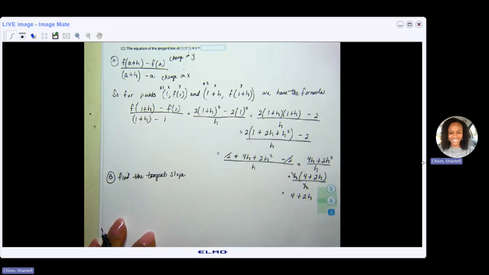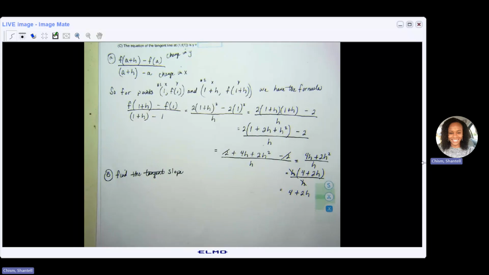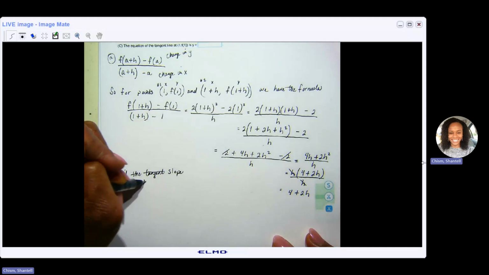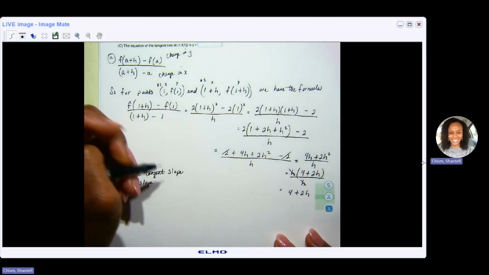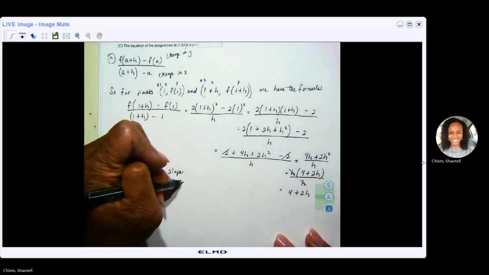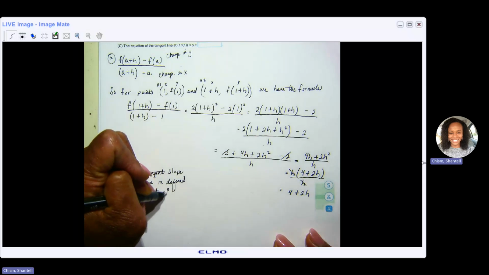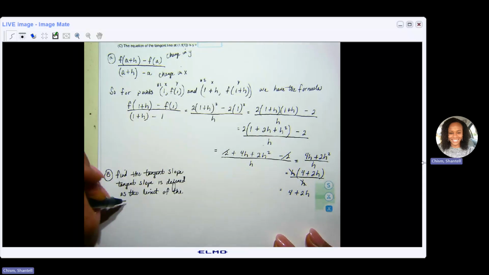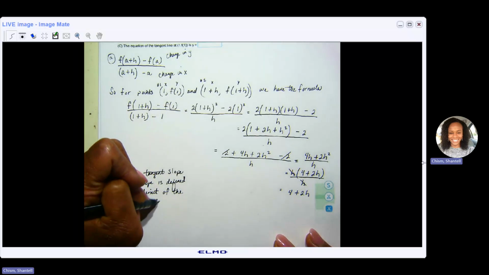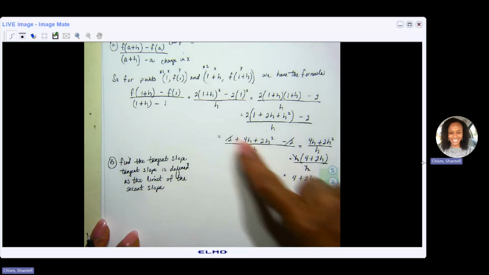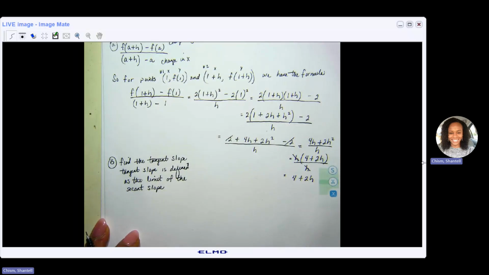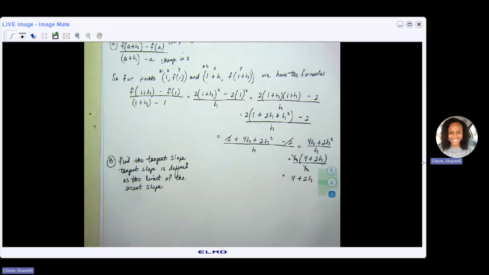Now, to get the tangent slope, which is just the slope at a single point, put that so that you'll have it: tangent slope, which is the derivative essentially, is defined as the limit of the secant slope, which is the slope from part A. So essentially, when we take what we did from part A and we then just take the limit of it, we've got instantaneous slope.